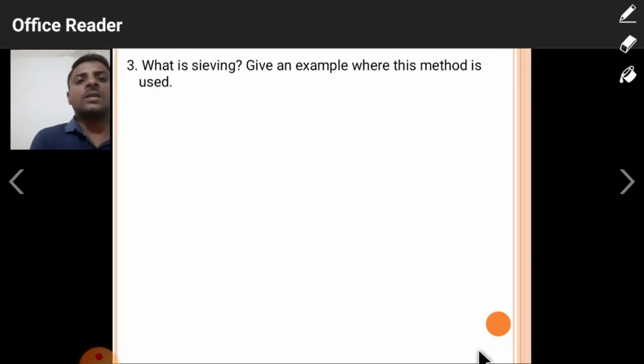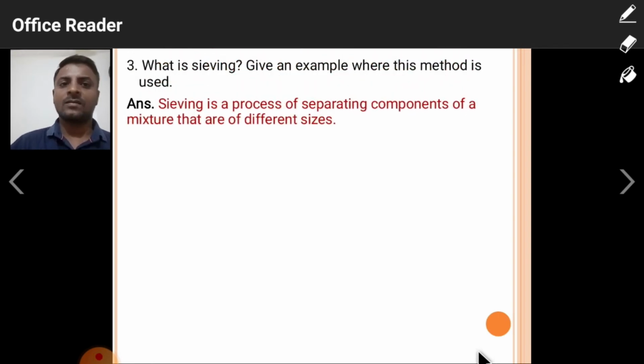Next question is, what is sieving? Give an example where this method is used. Sieving is a process of separating components of a mixture that are of different size.